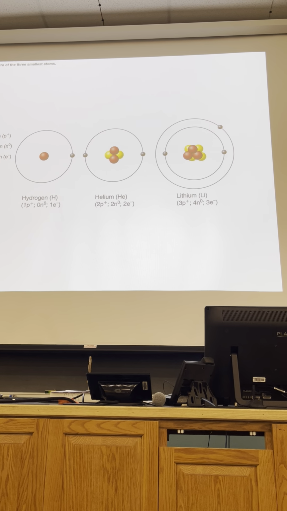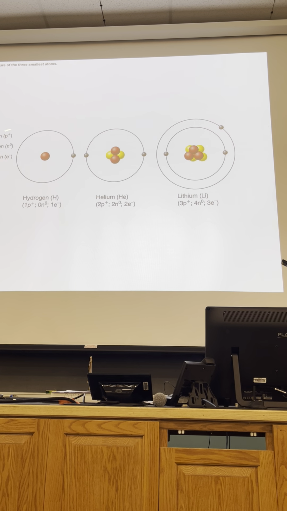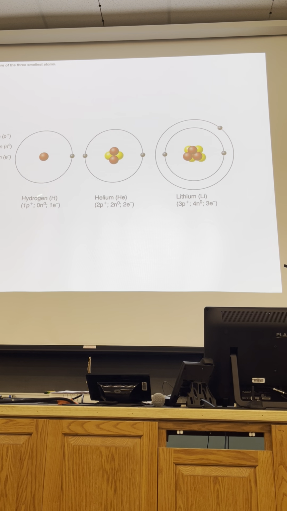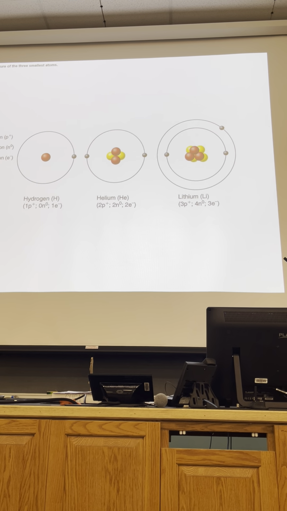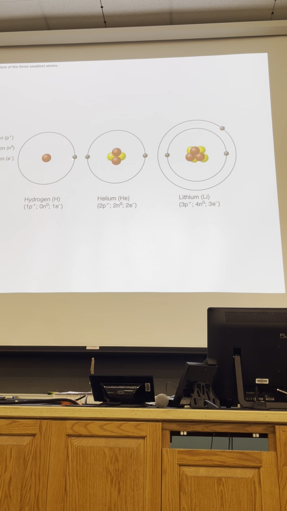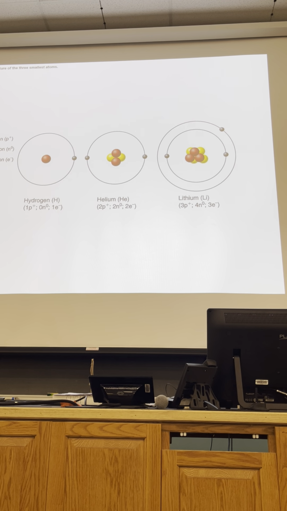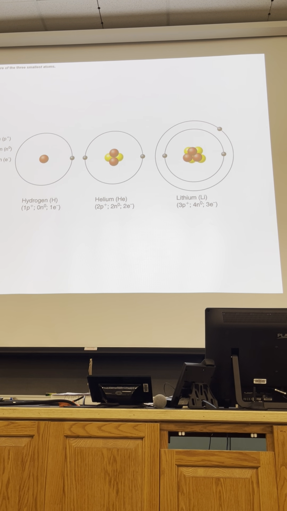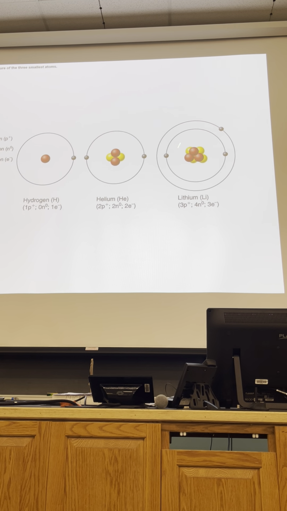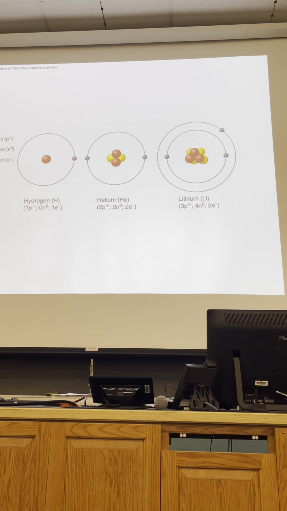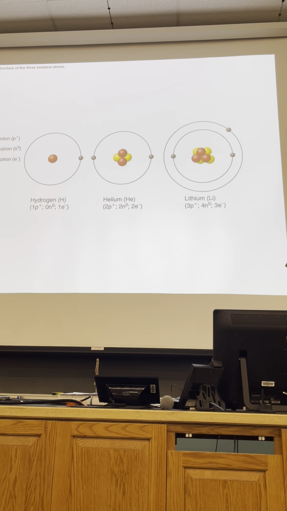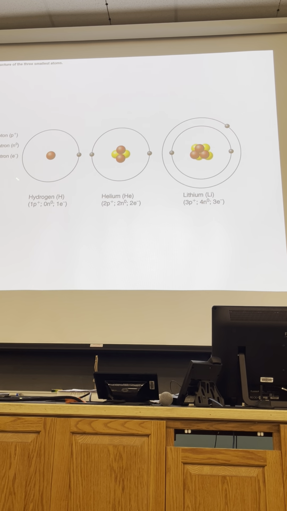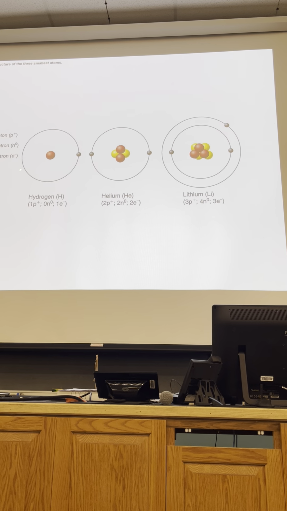If I use the word valence electrons and I point to this hydrogen, how many valence electrons does it have? 1. That just means how many electrons are in the outermost shell, if it's incomplete. How many valence electrons do we have here for lithium? 1. How many more electrons does hydrogen want?